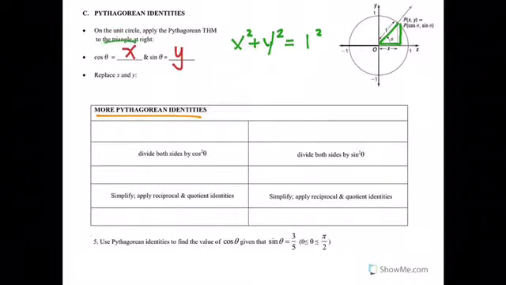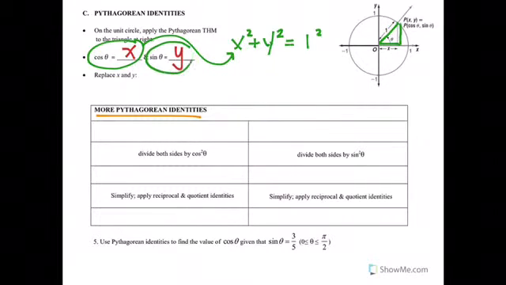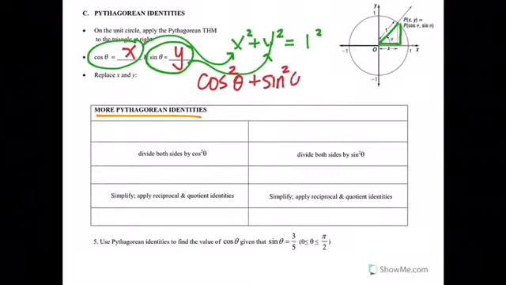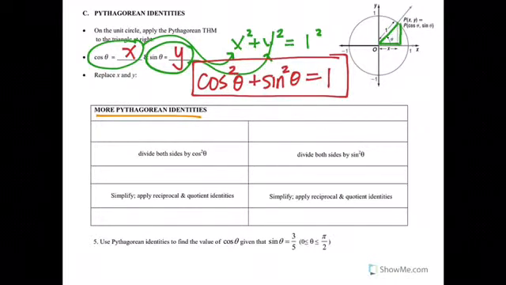Now, if you just replace cosine theta with x and sine theta with y, you get this expression. Cosine squared theta plus sine squared theta equals 1. This is what's known as the Pythagorean identity.